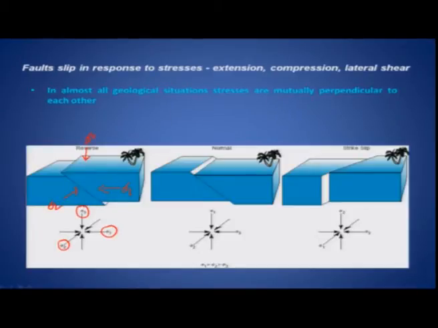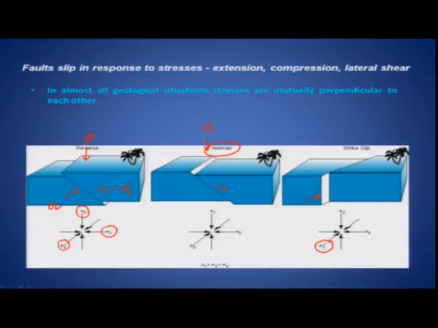Similarly, here the maximum is at the top, that is sigma 1, in the normal conditions. What we find is that the block has moved down with respect to the other one, and we call this a normal fault, whereas here we have the reverse fault. And in the third one, the maximum stress is again oblique, but along the fault plane here.